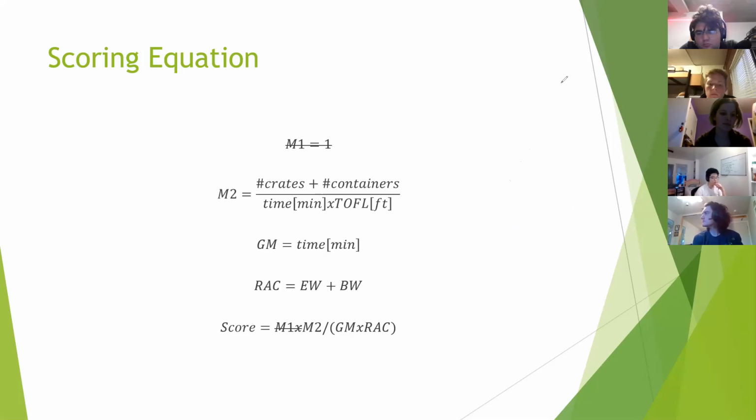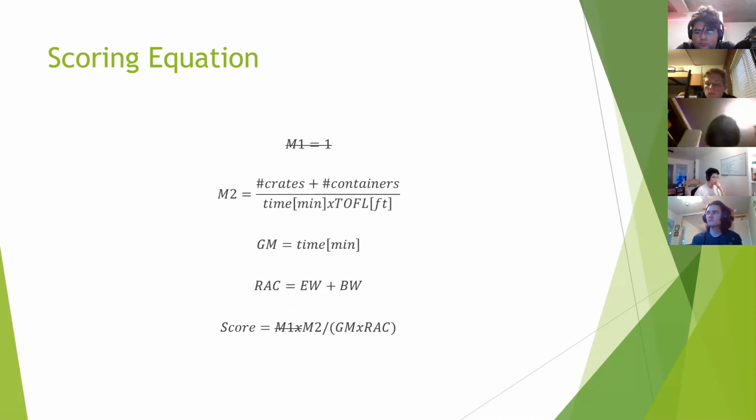And then is EW empty weight and BW battery weight? Exactly, yeah. Wait, is there a limit to how many crates you can put in a container or no? No, I think you just have to have at least one crate per container, is the only rule.